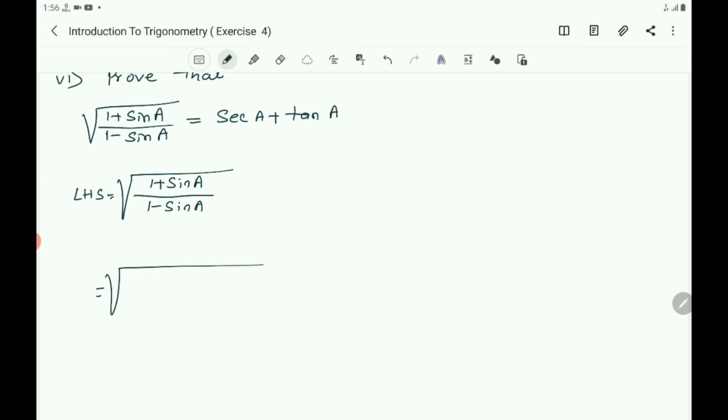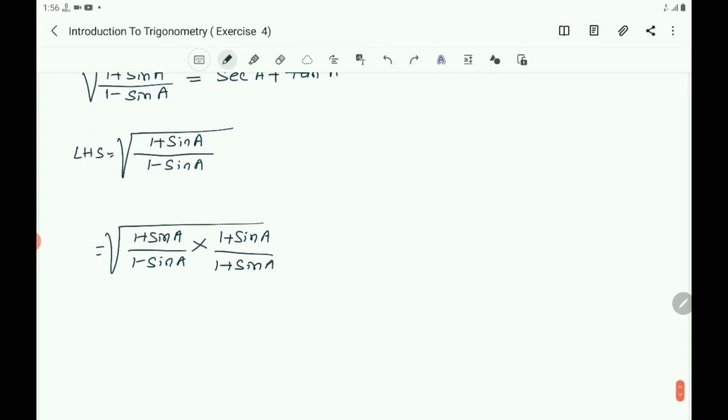Multiply both numerator and denominator by 1 plus sin A, under the root only.